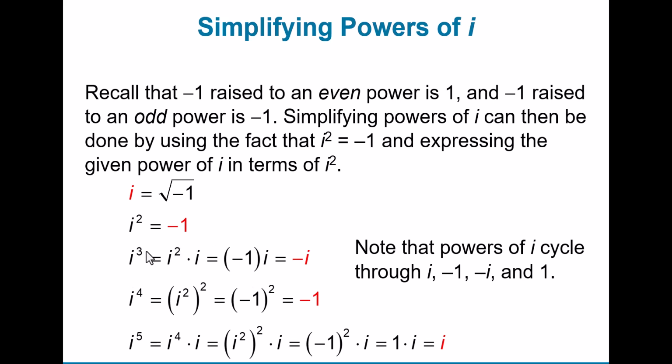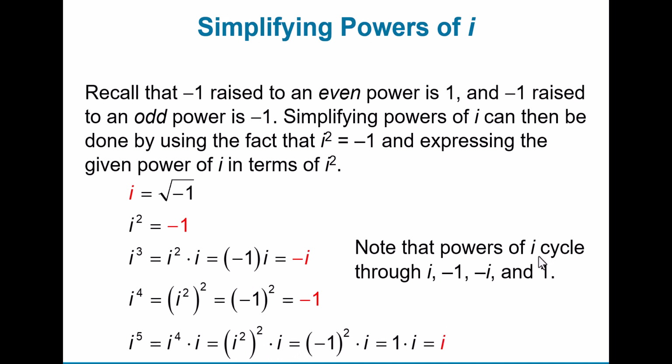So i cubed can be broken up into i squared times i, and then you take the i squared to become -1. You're just left with -i. You can see the same thing here. If it's to the 4th power, we can write this as a power of a power, and then this inside becomes -1. And then to the 5th, we do the same thing up here. The odd powers, separate these. This becomes that power, and then we get i.